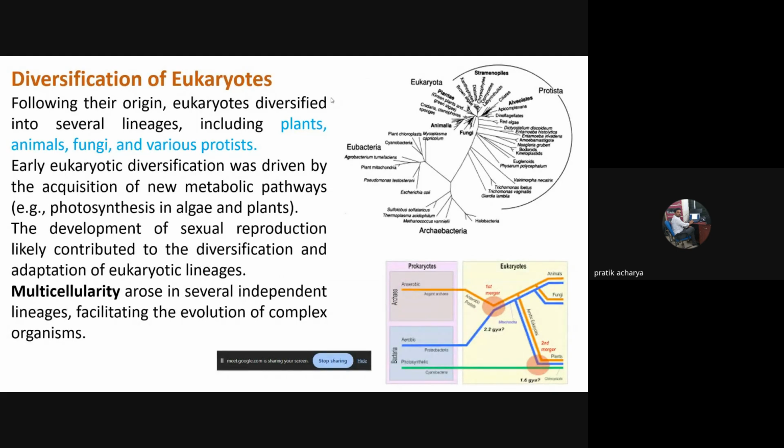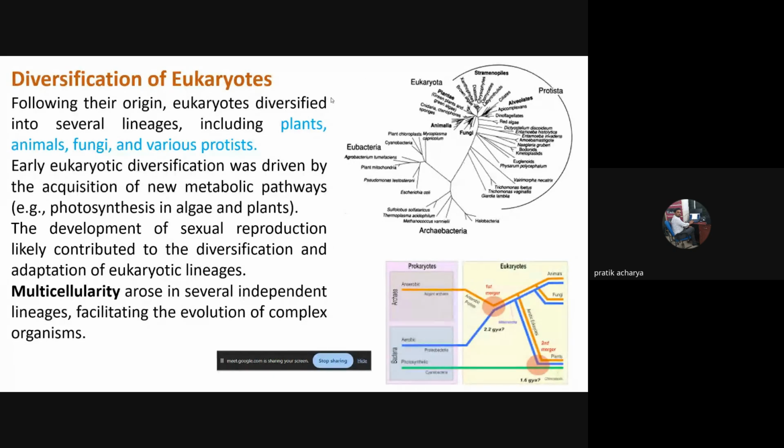These are very important aspects. So diversification of eukaryotes: following their origin, eukaryotes diversified into several lineages, including plants, animals, fungi, and various protists.